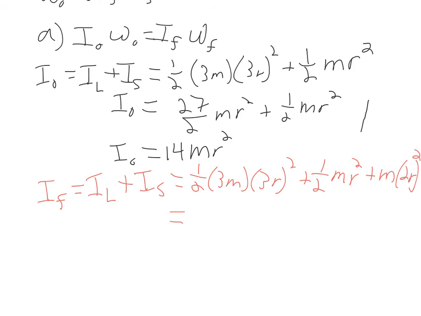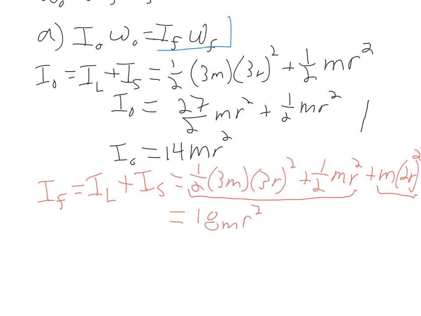So we're basically adding 4 mr squared to our 14 mr squared from before, so we should get 18 mr squared. Without even knowing m and r, they'll be able to cancel out in our equation easily enough.